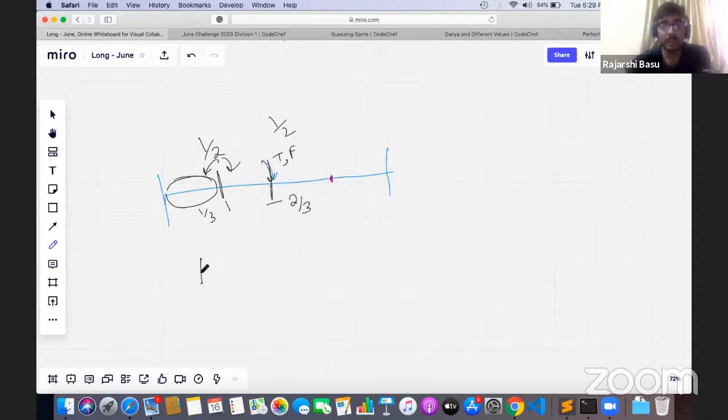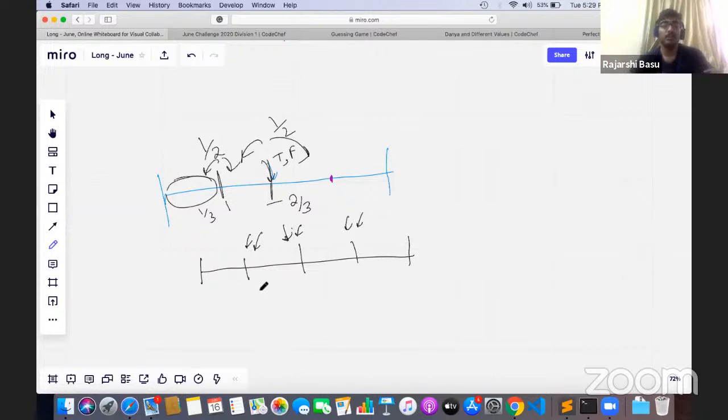Now the next idea that one might have is, instead of fixating on 1 or 2 queries and trying to jump into one of the selected sections, let's make multiple queries at some intervals. Let's say we query this point, then this point, and so on.